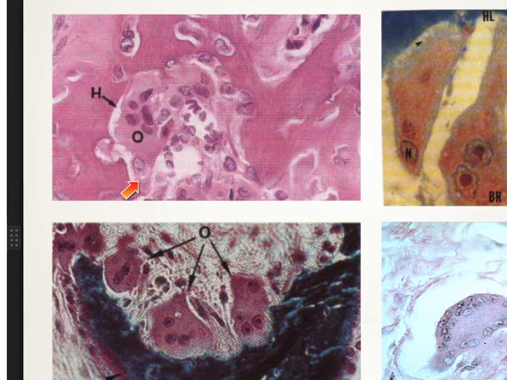The cause of this space is the release of hydrogen ions and lysosomal enzymes. The hydrogen ions dissolve the calcium present in the bone, and the lysosomal enzymes cause lysis of the organic part of the matrix. And these are the bony trabeculae.